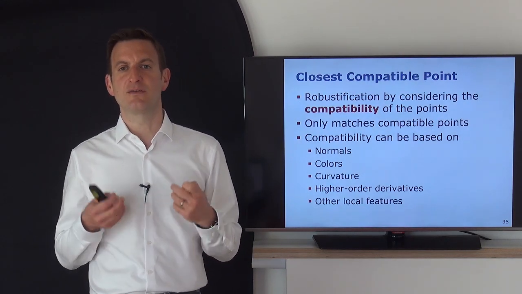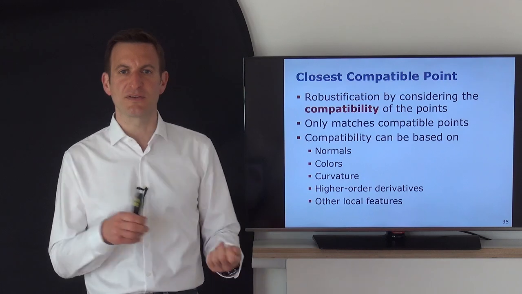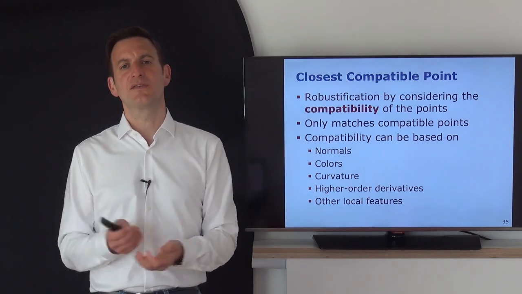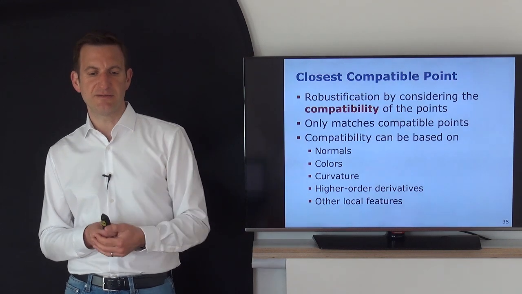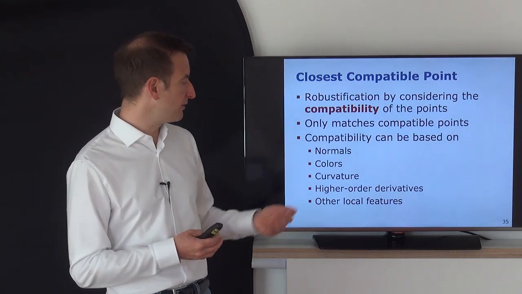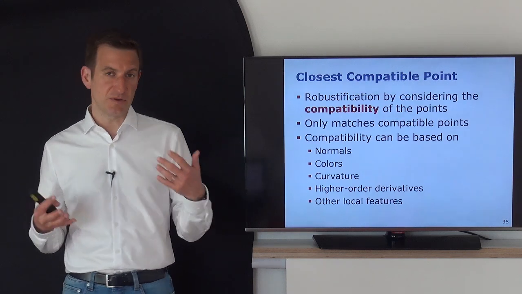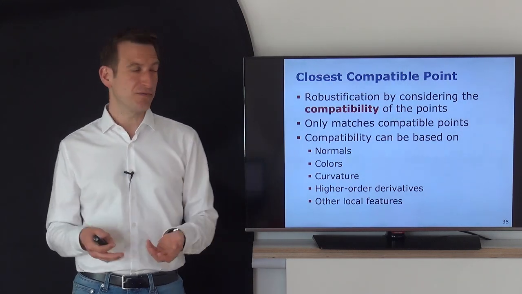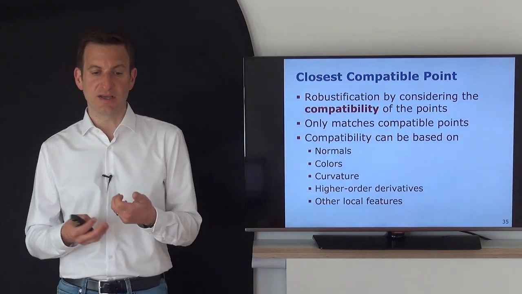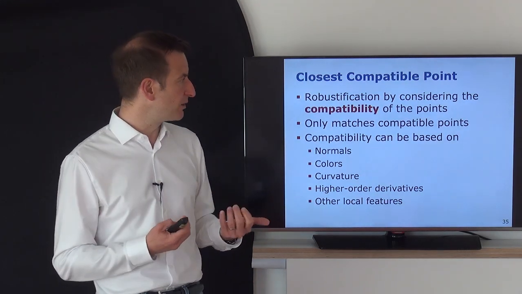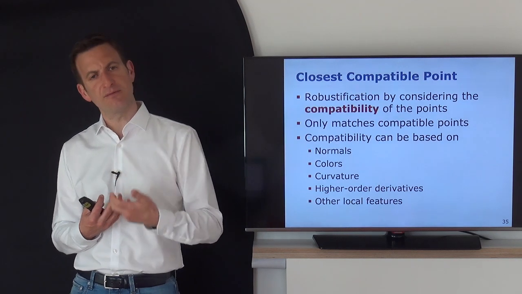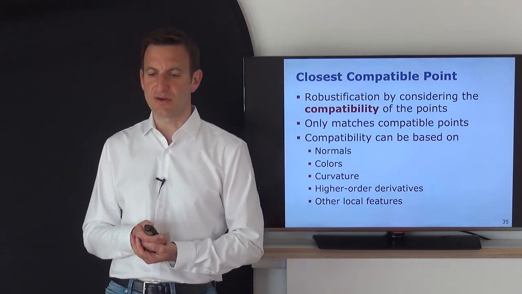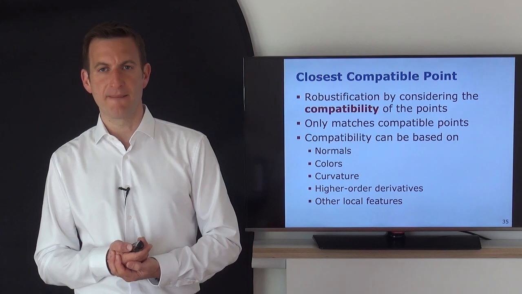Of course, it may make sense to only match, let's say, red points against red points and green points against green points, because this reduces the probability of making a wrong data association. Or maybe you can even extract that from the local surface properties like normals, you can actually use this information in order to avoid making wrong data associations. You can't fully avoid it, but you can reduce the risk of making wrong data associations.